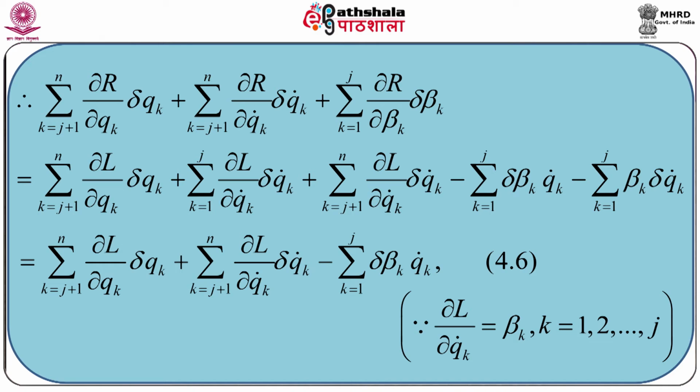Since del L del qk dot equal to beta k for k equal to 1, 2 up to j, using this result we get the equation 4.6. Two terms cancel each other and we get equation 4.6.